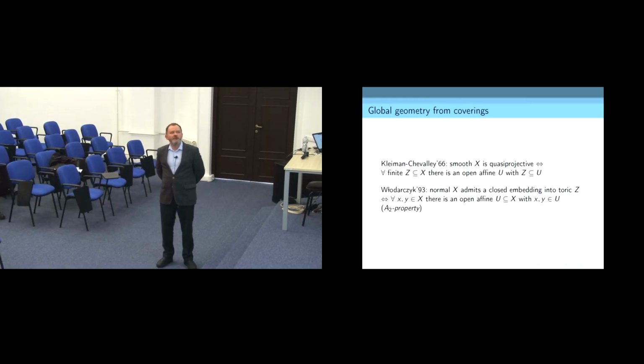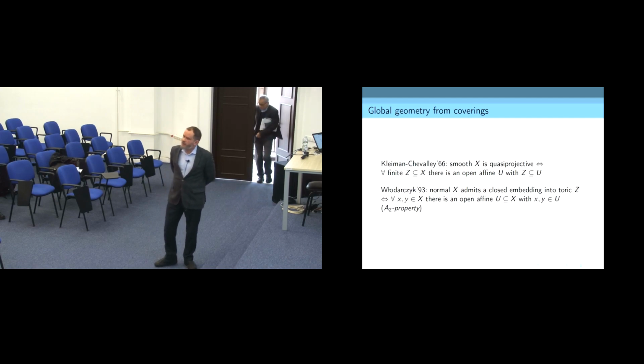And this is equivalent to embeddability into toric varieties. So what are projective or quasi-projective? Embeddable into a projective space. But we replace projective space by an arbitrary toric variety and ask which varieties live in toric varieties. And it turns out that this is equivalent to the existence of an affine open neighborhood for any 2 points.